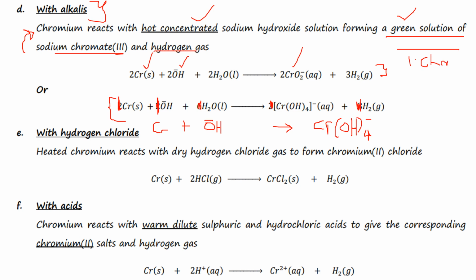So charges on the left hand side must be equal to the charges on the right hand side. On the left hand side, we balance charges using the hydroxide ion. On the right hand side, we balance charges using the complex that is being formed. So you need to take note of that first.